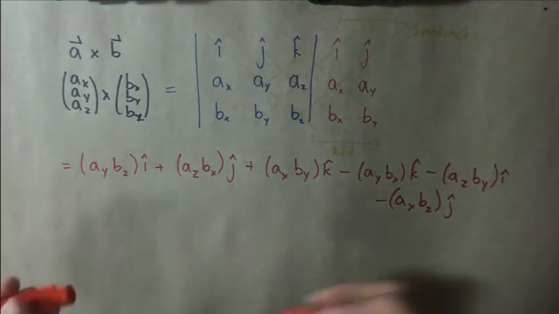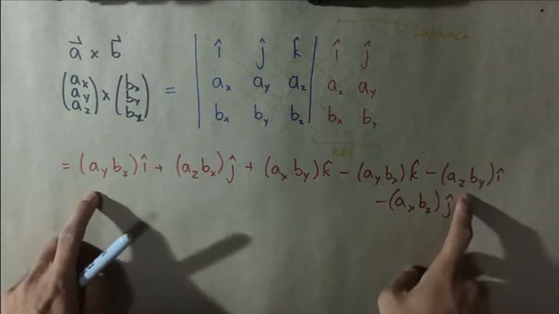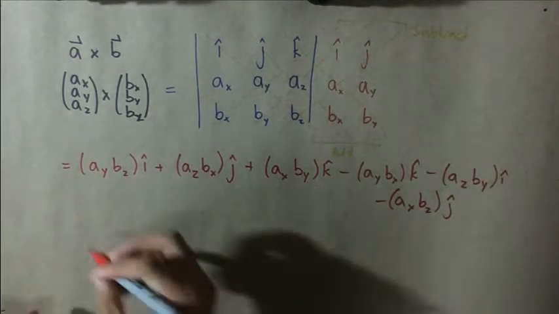Now these can be grouped together so it's a bit more compact. You can see these two have common terms, they both have I's.